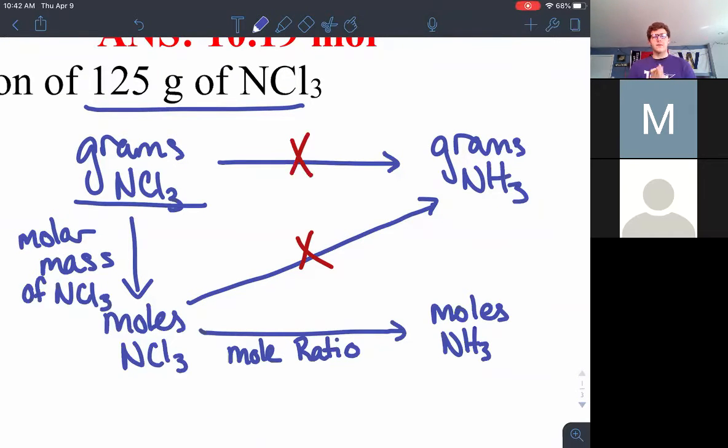Now, we've gotten from grams of NCl3, we got to moles of NCl3, and now we're going to get to moles of NH3. Can we go from moles of NH3, can we get to grams of NH3? Yes. What are we going to use to get from moles of NH3 to grams of NH3? We're going to use the molar mass?